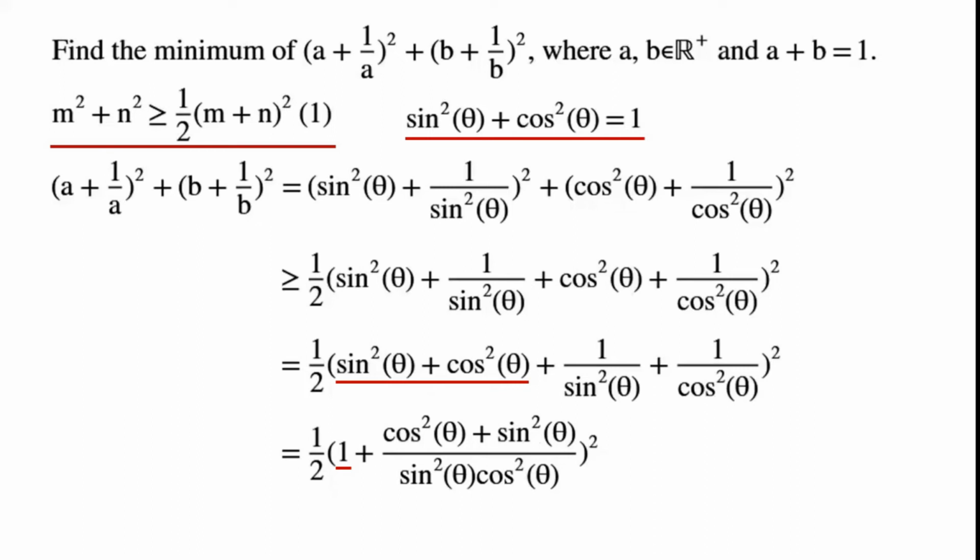Sine squared theta plus cosine squared theta equals 1.